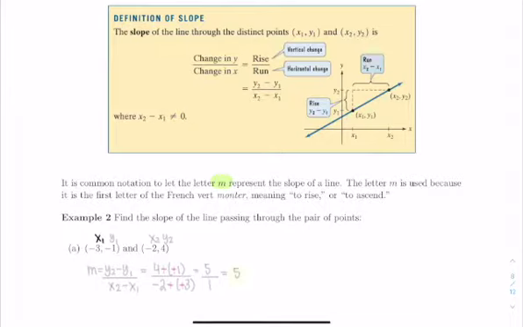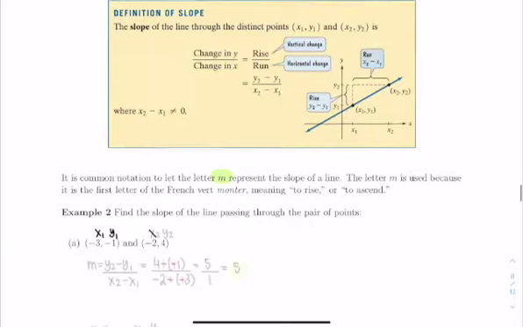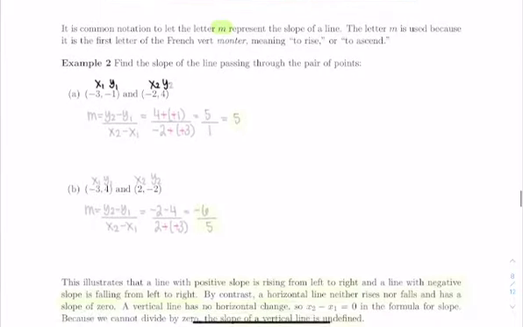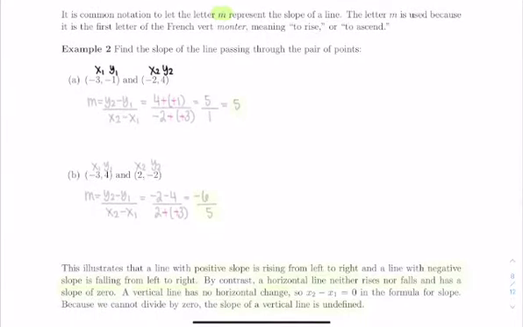So for this first example, I'm going to label the coordinate (-3, -1) as (x1, y1), and (-2, 4) as (x2, y2). In our slope formula, we have y2 minus y1 over x2 minus x1. So y2 is 4 minus y1, which is -1.